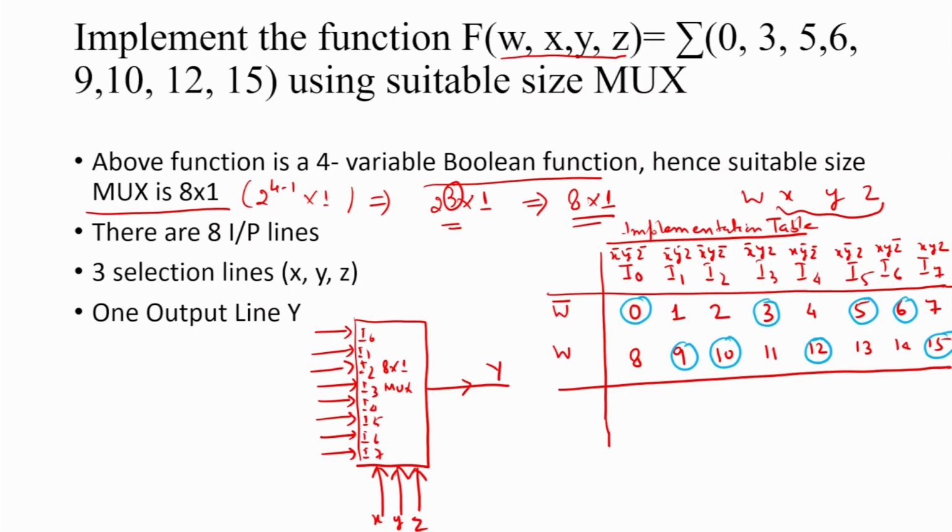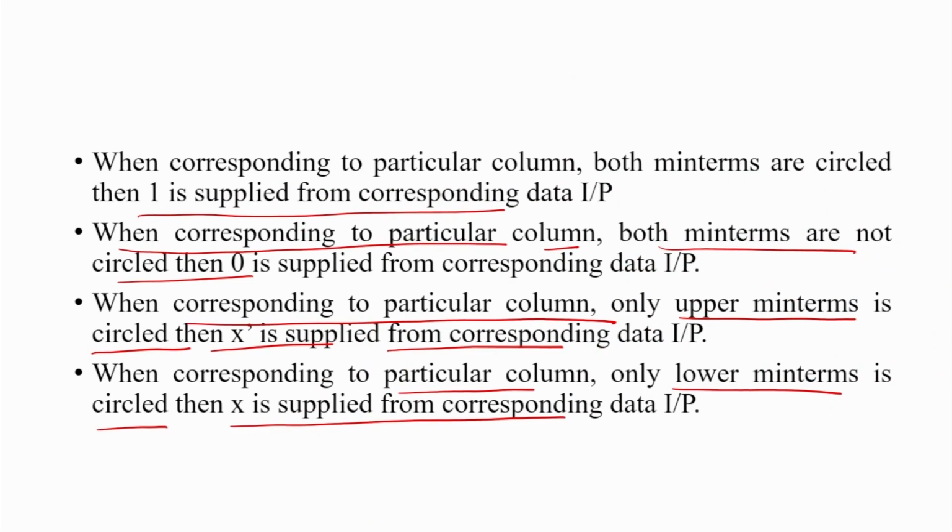Here these are the rules. When corresponding to a particular input column both minterms are circled, then 1 is supplied. When both minterms are not circled, then 0 is supplied as the data input. When only the upper minterm is circled, then x complement is supplied.